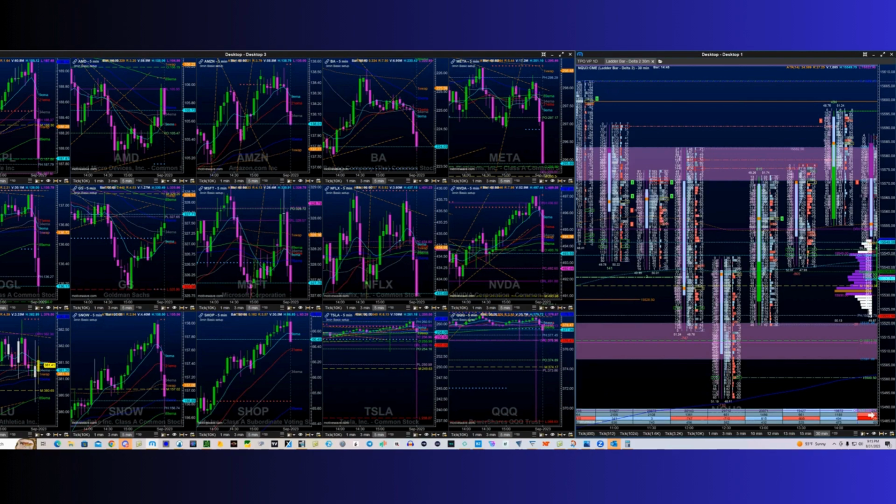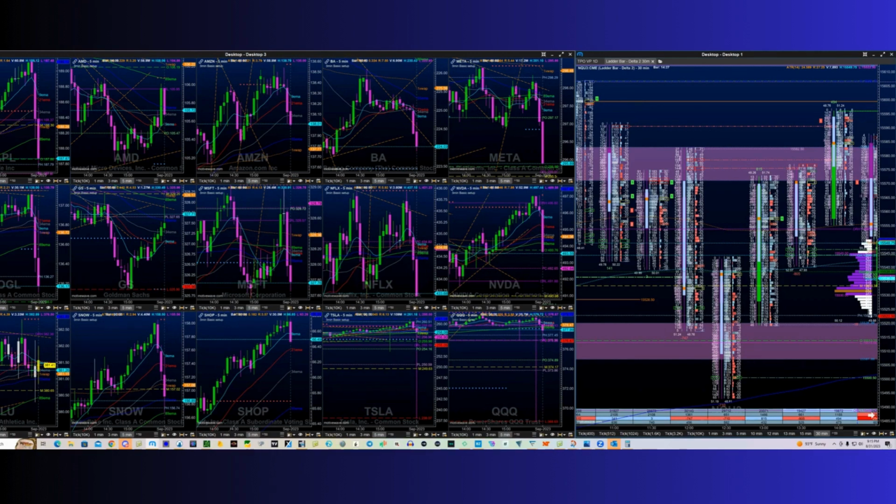You know what, you don't have footprint charts in Thinkorswim. Unfortunately, they don't offer it there. That's one of the few platforms that they don't offer it. If I had a script, I'd give it to you, but they don't.